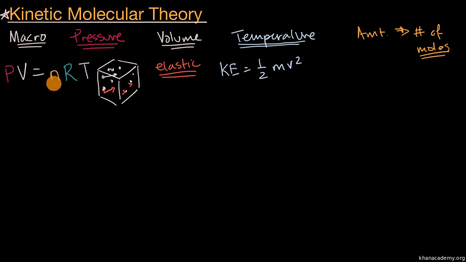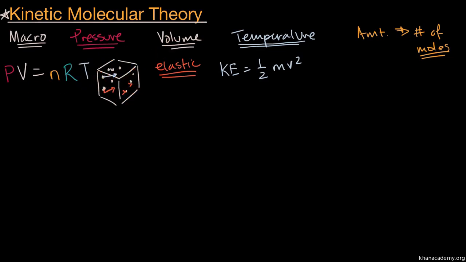And of course, n, the number of moles, tells us how many particles we're dealing with. We know that each mole has Avogadro's number of particles. So if you just multiply the moles times Avogadro's number, you have the number of particles. And what's cool about kinetic molecular theory, I know it's billed as a theory, but this is fundamentally what chemists and physicists visualize when they imagine a gas in a container of some kind.